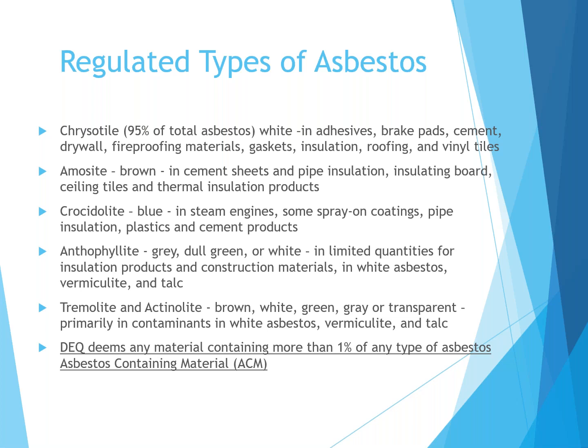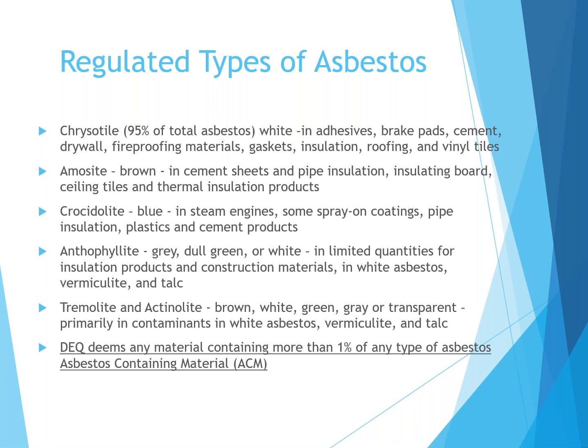Crocidolite is blue. It's used in steam engines, some spray-on coatings. You don't see this as much in residential properties, but it is worth noting. Anthophyllite is gray, a dull green, or white. That's in much more limited quantities. Tremolite and actinolite, again, less used than the other ones mentioned above it.